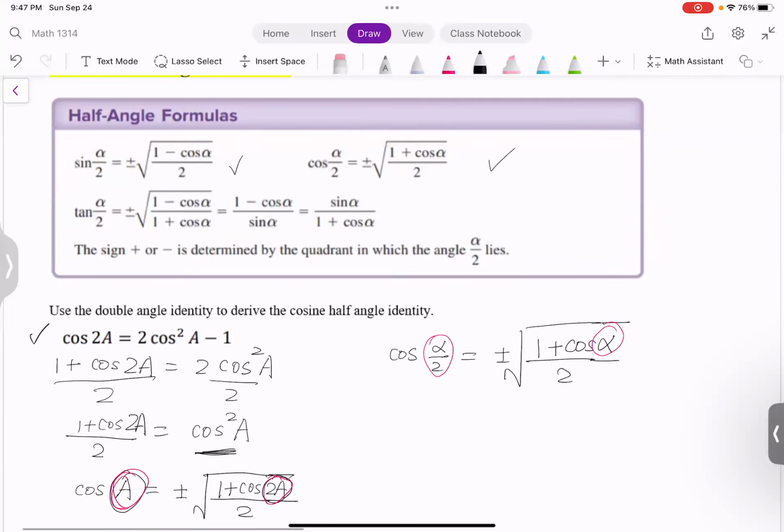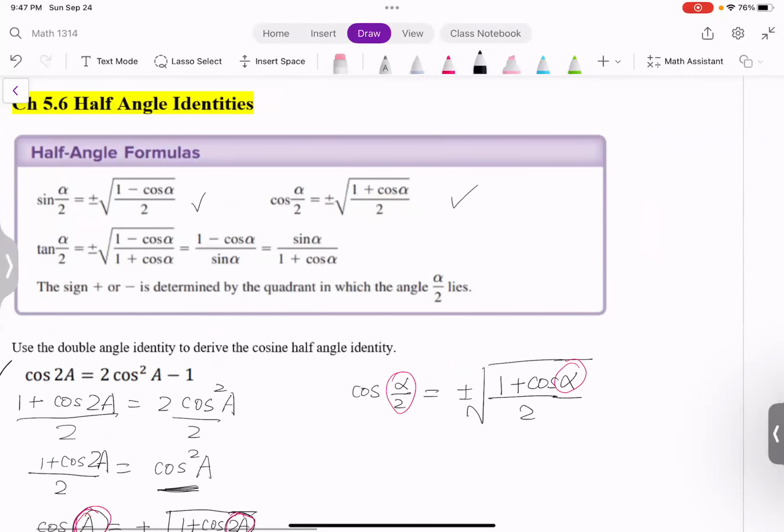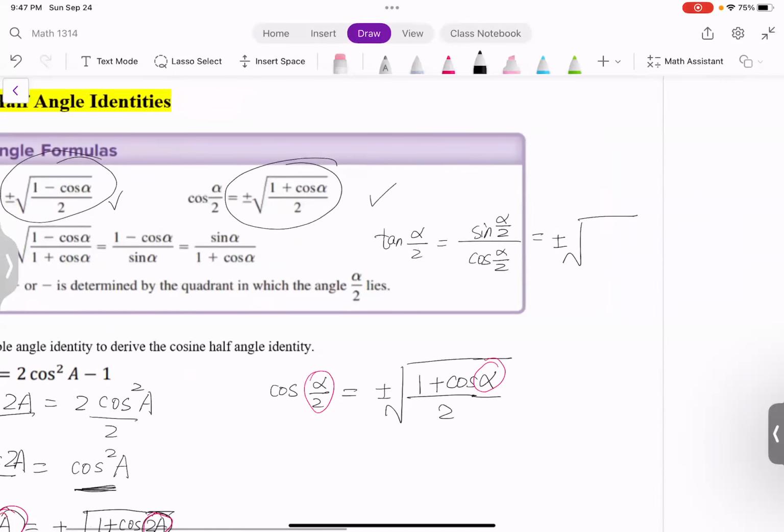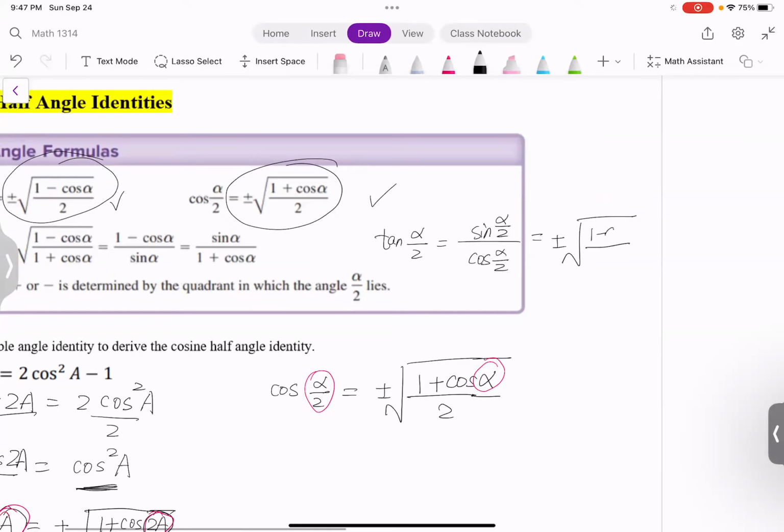How about the tangent? We have learned that tangent alpha over 2 is sine alpha over 2 over cosine alpha over 2. So for example, I use this one divided by this one. What can I have? We have positive or negative square root of (1 minus cosine alpha) over (1 plus cosine alpha).